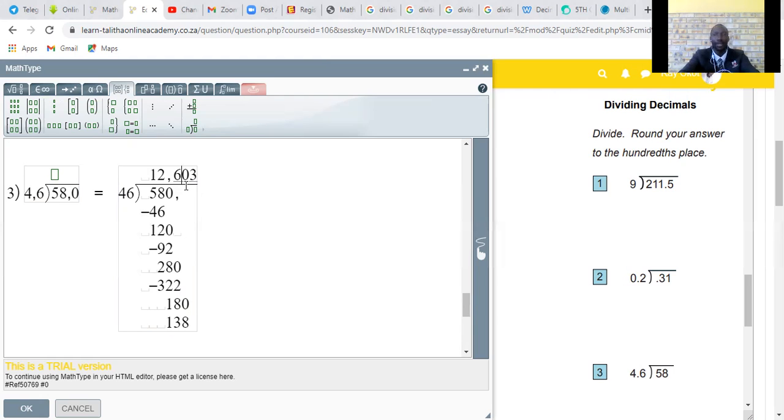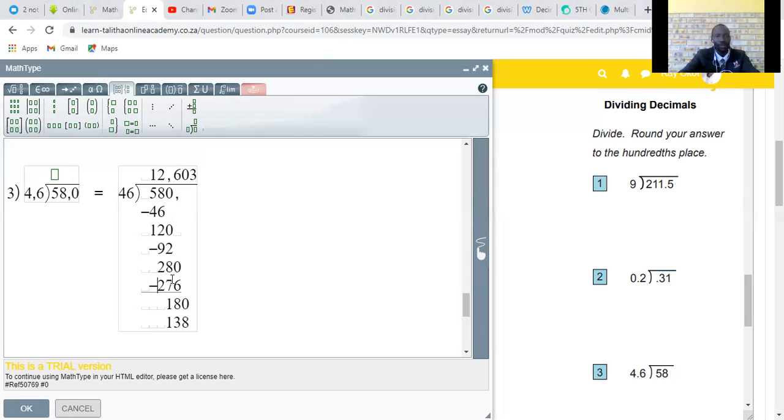All right. Now, 6 times 46, what will it be? 6 times 46 will be 276. So this will be 76. Yes. That is what we are going to be having, 276.